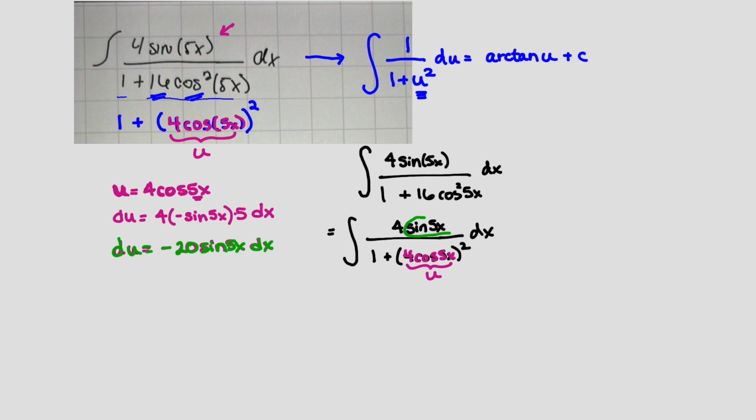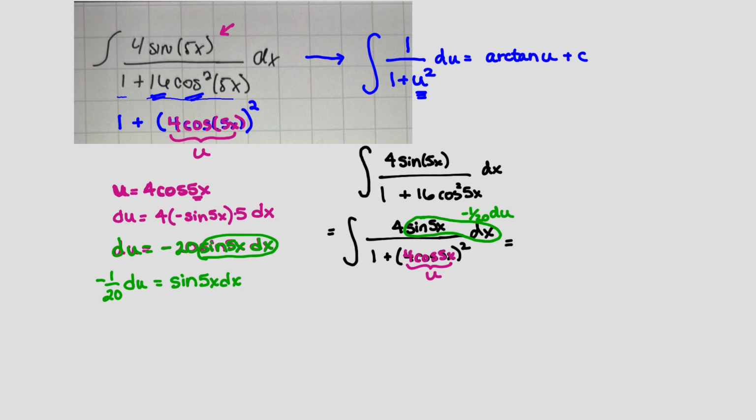I do have a 4 sine 5x, or specifically, I actually do have a sine 5x dx. So how about we just solve for sine 5x dx, and that means negative 1 over 20 du will be replacing my sine 5x dx, the green part. So negative 1 over 20 du is what I'm going to put in that place.